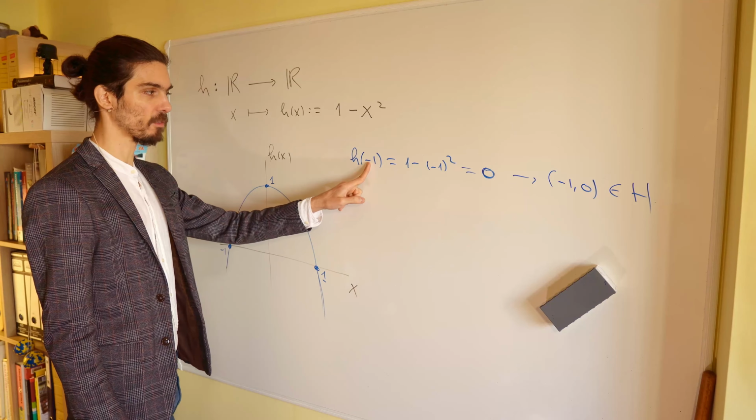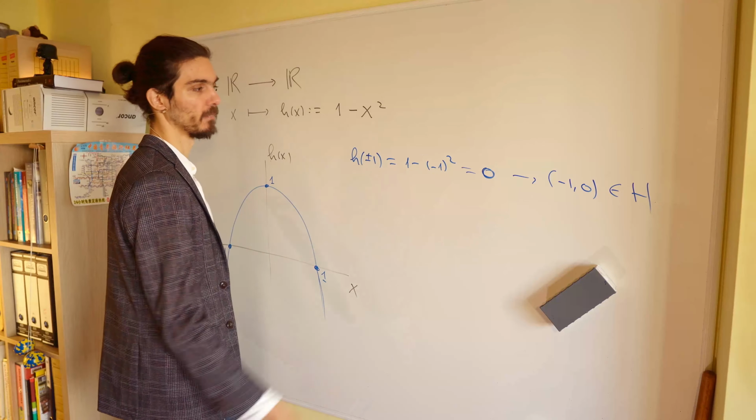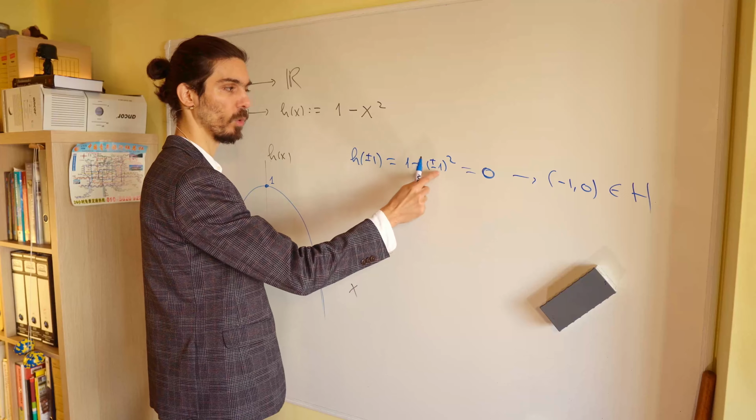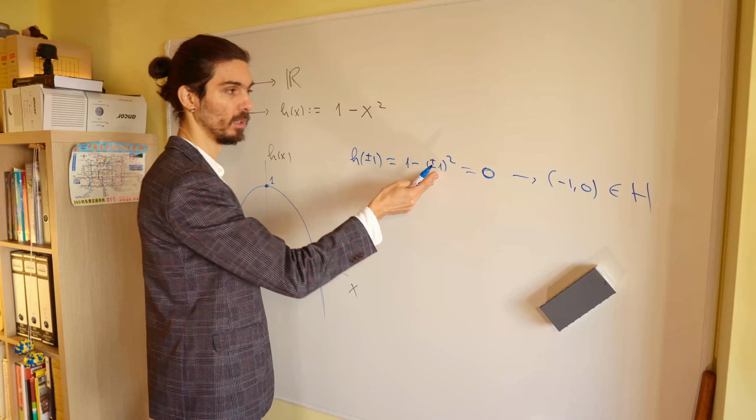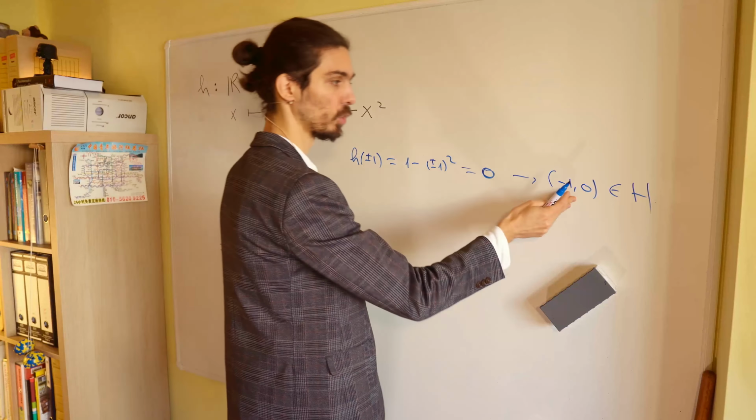If instead of minus I put a plus, 1 squared is also 1, so we get another point. 1, 0 also belongs to h, and as a consequence we have this point here.